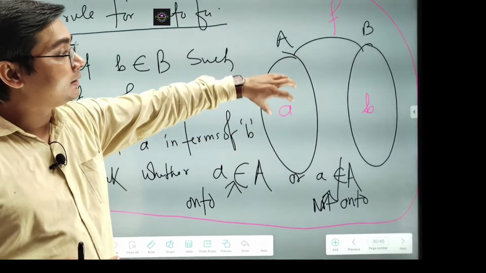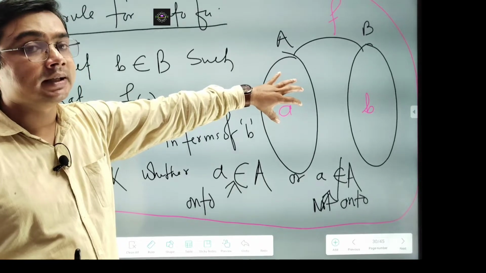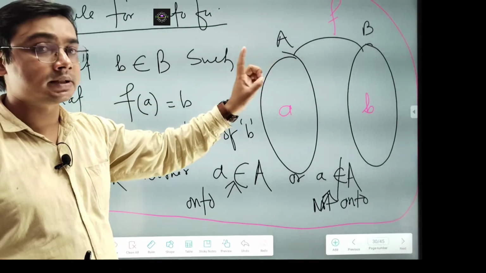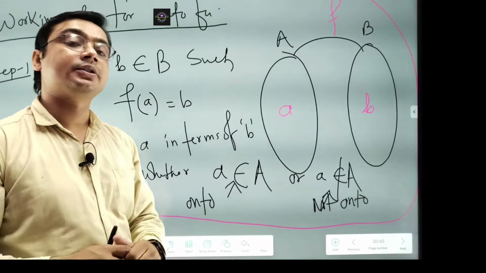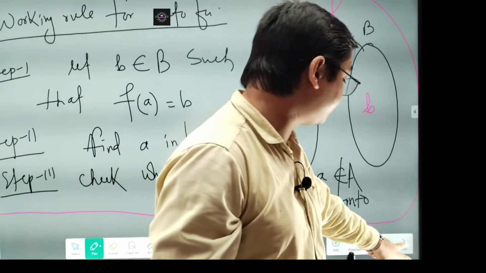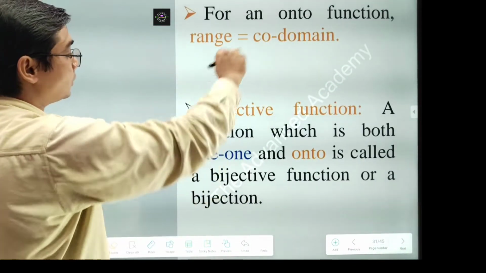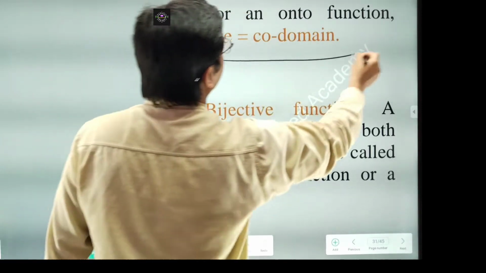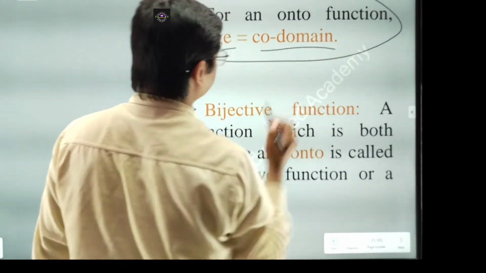If that a is in set A, then we call the function is onto, otherwise the function is called not onto. So you see here, in case of onto function, range set and codomain are equal.